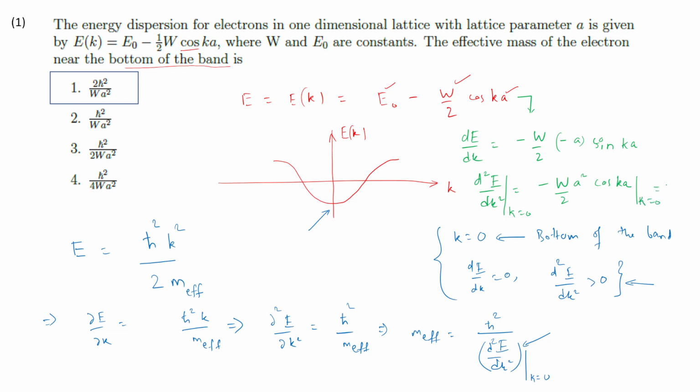So what we have is minus W a square by 2. This minus minus becomes plus. So we can now put this here, and then what we have is m effective equal to h bar square over W a square by 2, which is your answer.